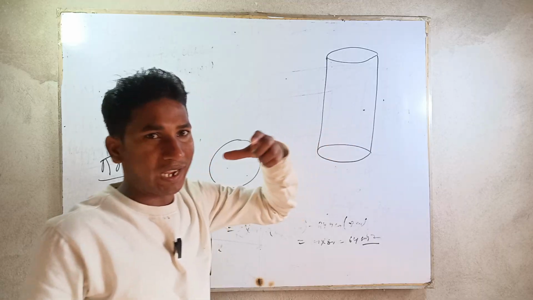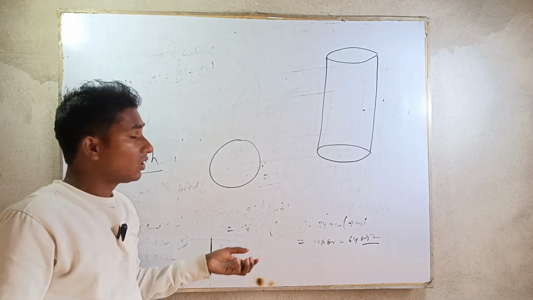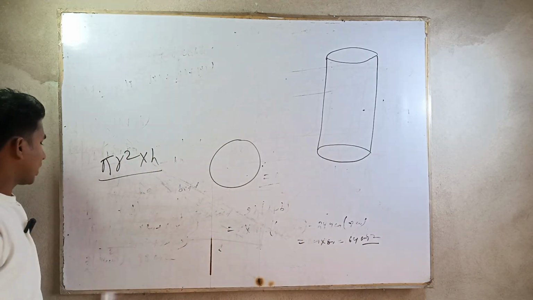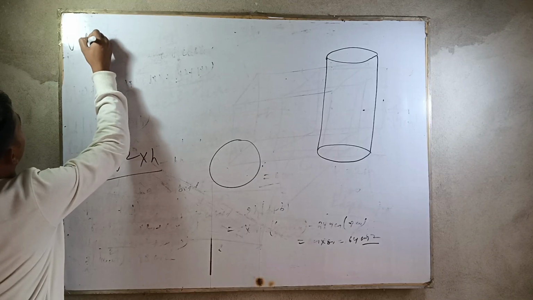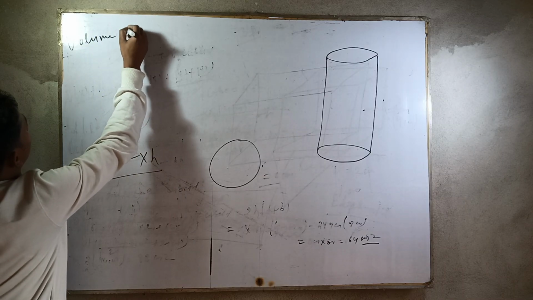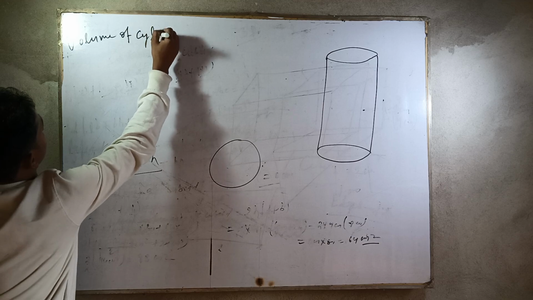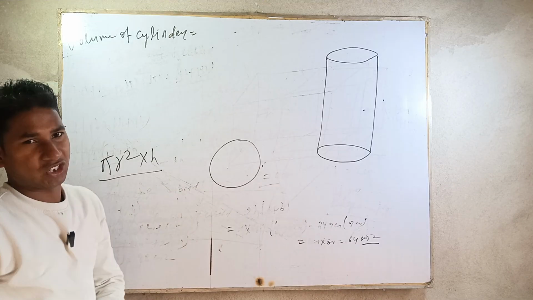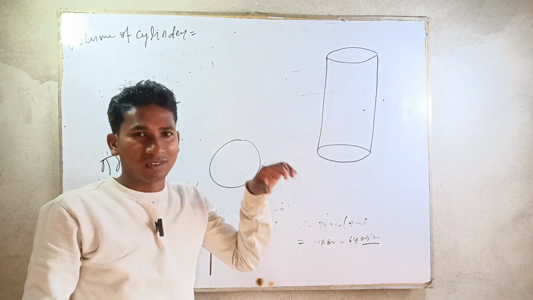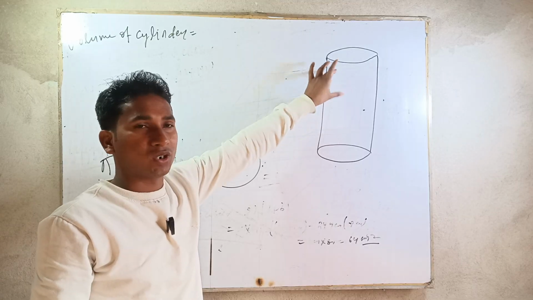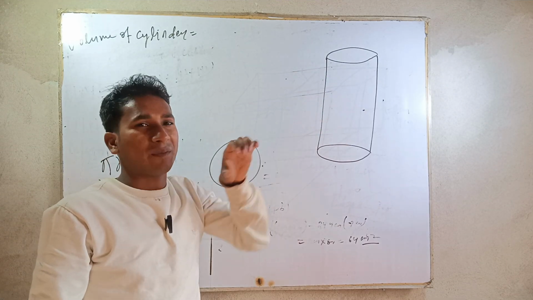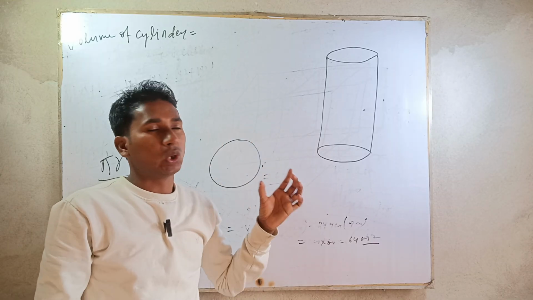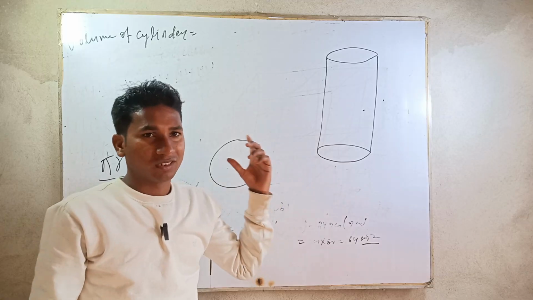So you would have seen a glass. Glass is also an example of cylinder. That means cylinder volume is how much volume of cylinder means what, how much water can be stored in this glass, and what is the capacity to store water in the glass, that is called what, volume, volume of this cylinder.